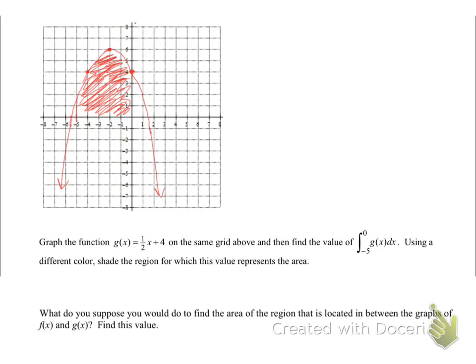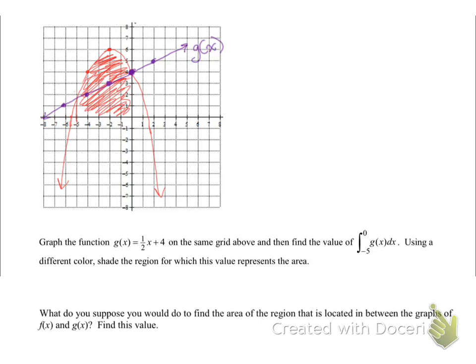So using a different color, we're going to graph g of x, which is 1/2 x plus 4. So I know that it hits the y-axis at 4, right there, and I know that the slope is 1/2. So I can start to sketch a graph. Okay, and so this function is going to look like this. So this is g of x.